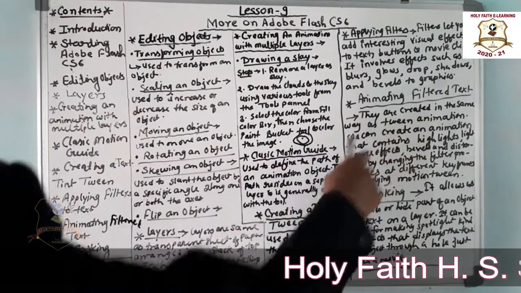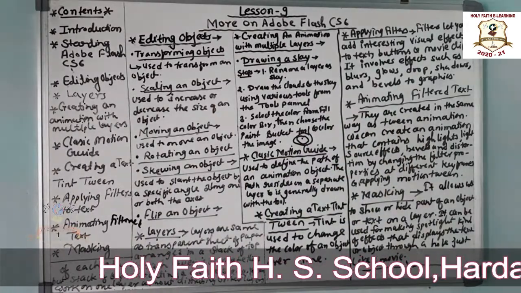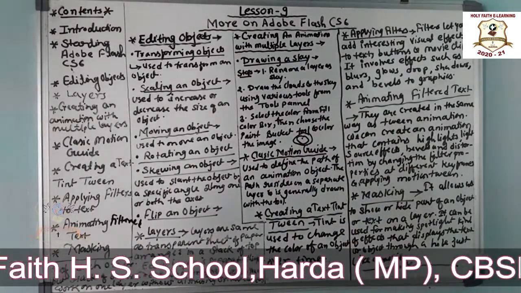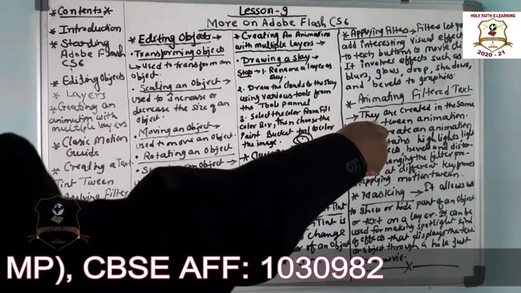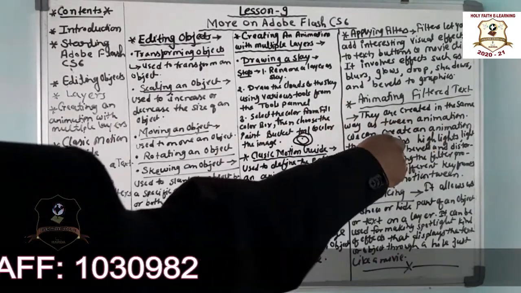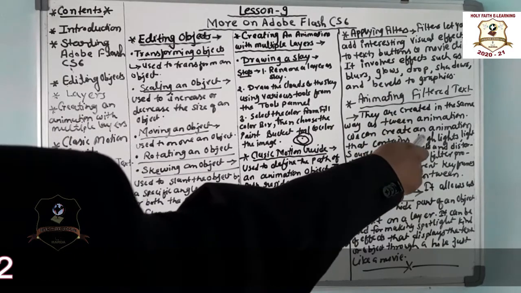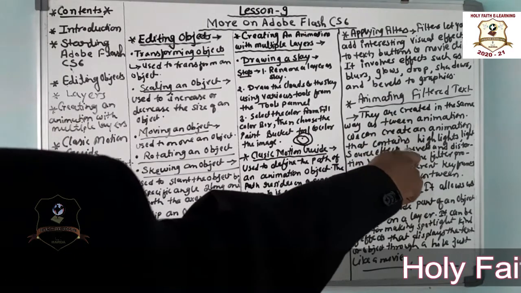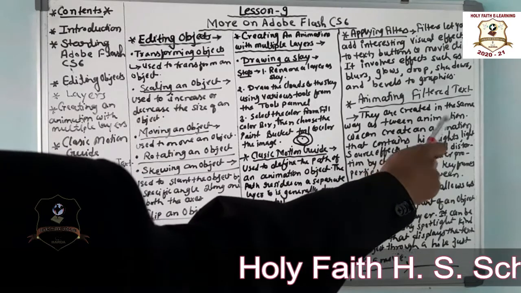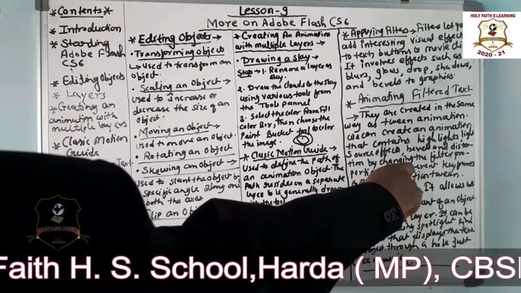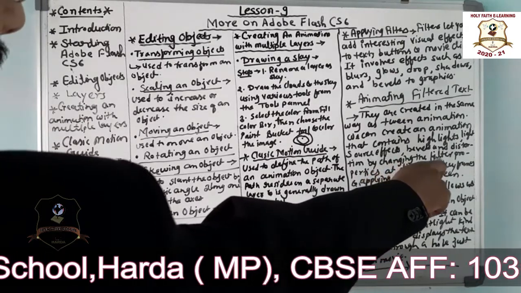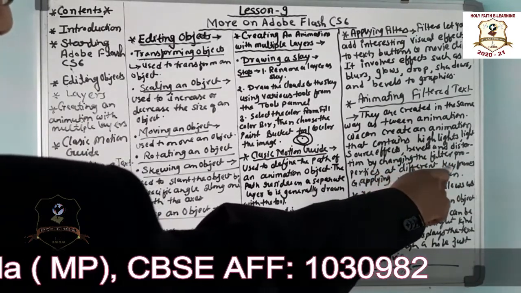Animating filter text: if you want to animate a filter text, means to move the text, then you can use this option. They are created in the same way as tween animation. We can create an animation that contains highlights, light source effects, bevels and distortion by changing the filter properties at different keyframes.